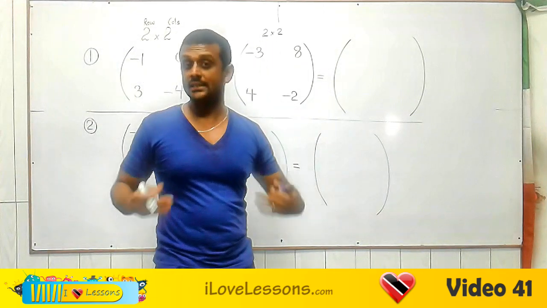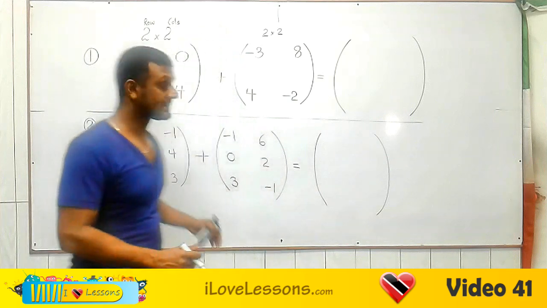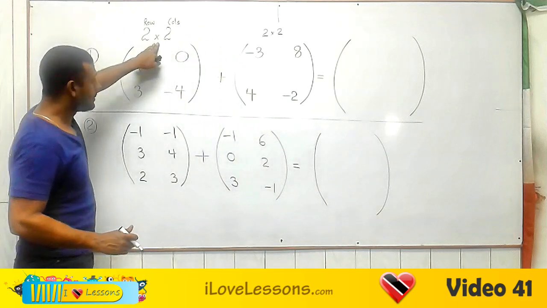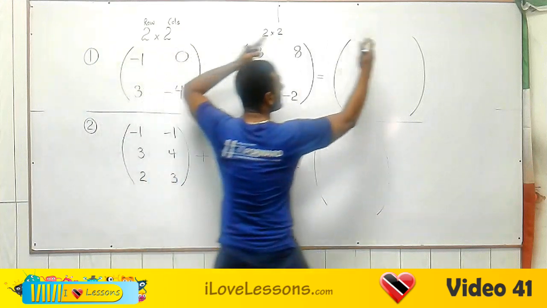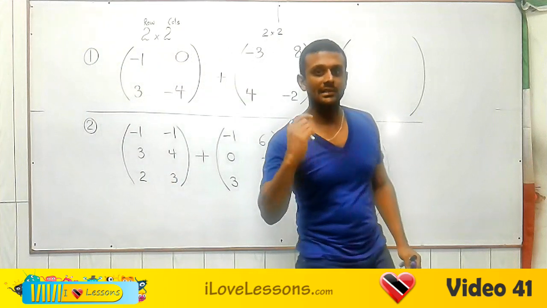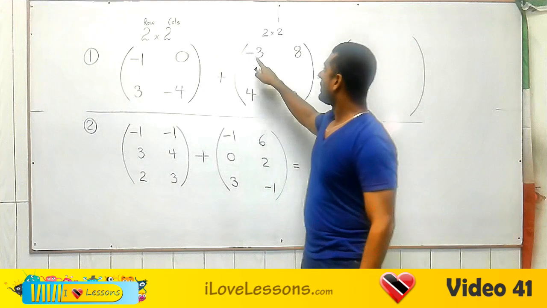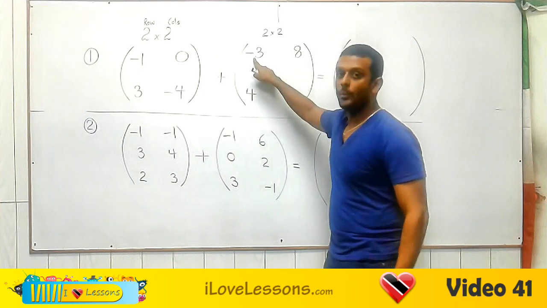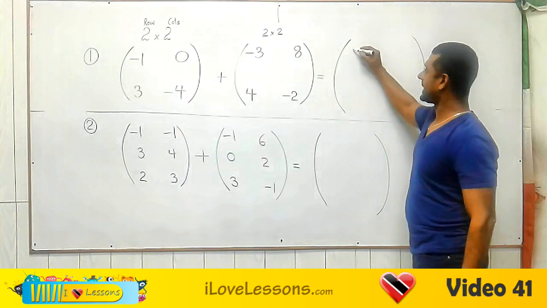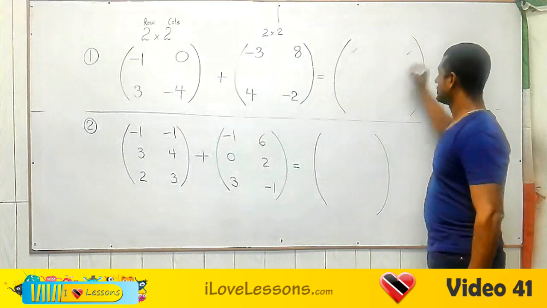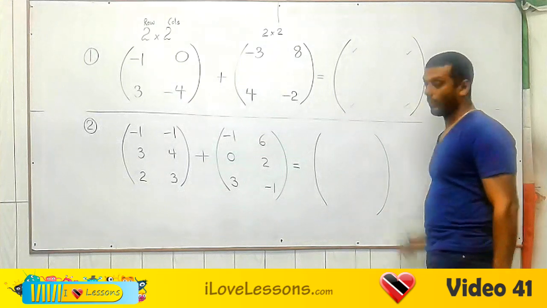Notice both matrices have the same exact size. Anytime you add a 2 by 2 matrix to another 2 by 2 matrix, your answer will also be a 2 by 2 matrix. Now, a 2 by 2 matrix has how many numbers? 1, 2, 3, 4. So that means my answer will have 1, 2, 3, 4.